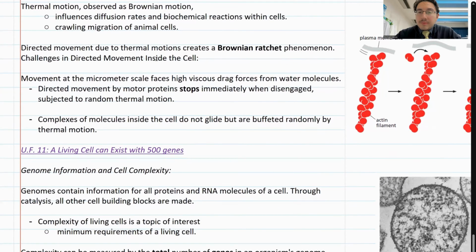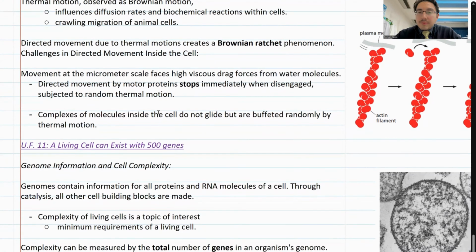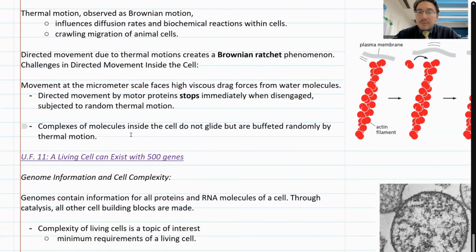And when I mean this physical motion of the cell, there's something referred to as the Brownian ratchet phenomenon that I'll get into in a second, which can direct the movement of a cell from these protein filaments. Essentially, you have movement at an incredibly small scale, micrometer scale, due to high viscosity drag forces from water molecules.